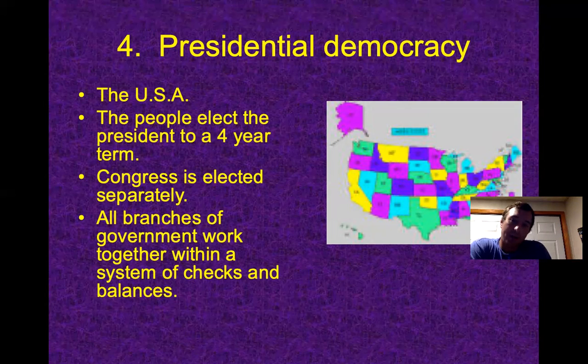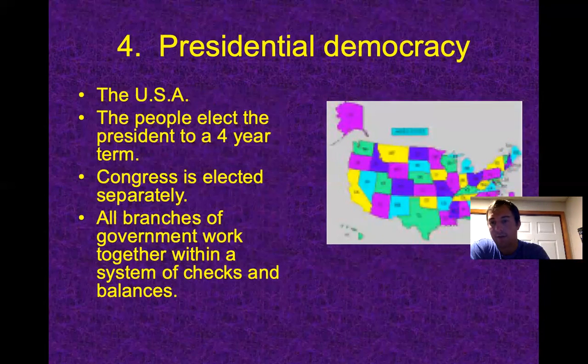So with a presidential democracy, what we have in the United States, we have Congress, these elected officials that are chosen by the people. We know them as the Senate and the House of Representatives. The Senate has two senators from each state, and then we have the House of Representatives, where depending on population, members from that state are elected by the people to represent them.